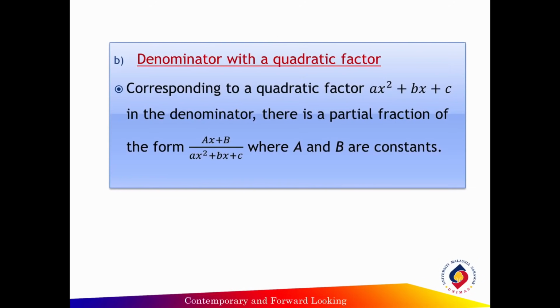You want to express a fraction where the denominator is a quadratic factor. So corresponding to a quadratic factor ax squared plus bx plus c in the denominator, there is a partial fraction of the form (Ax plus B) over (ax squared plus bx plus c), where A and B are constants.